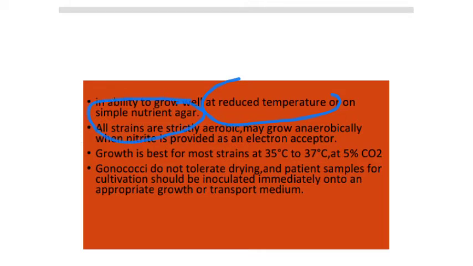Simple nutrient agar is the one which does not inhibit growth of many organisms; it is a nutrient only and does not contain other added chemicals.